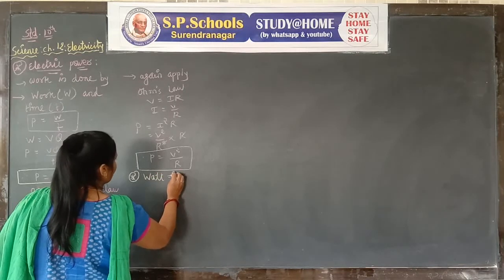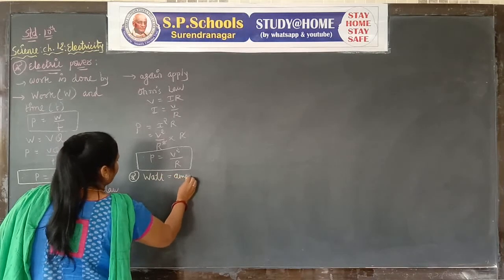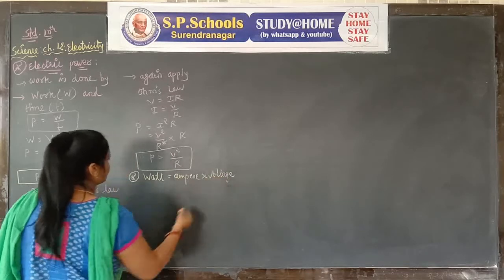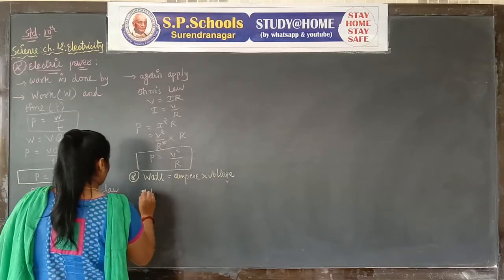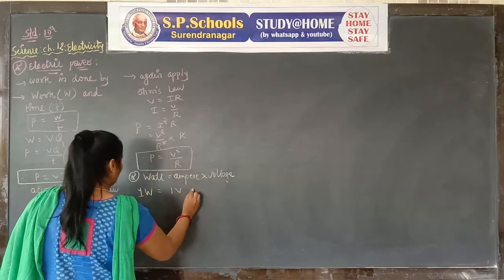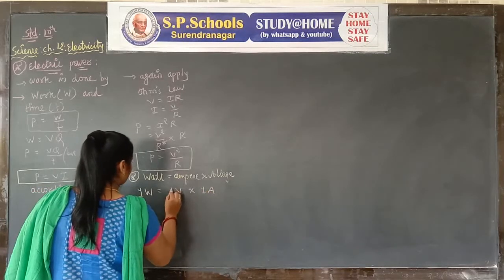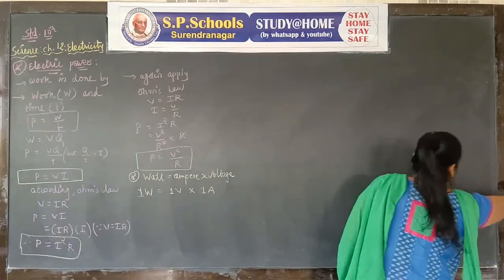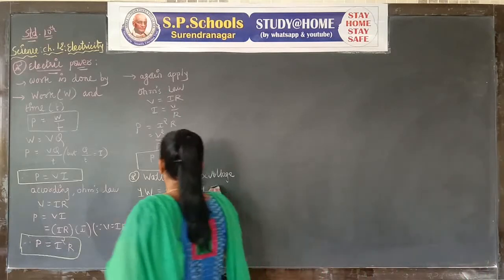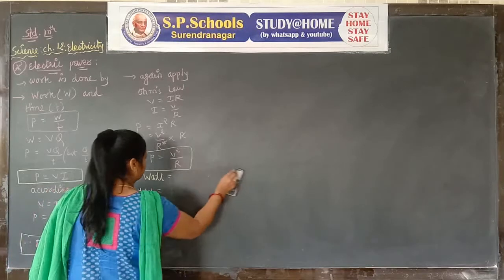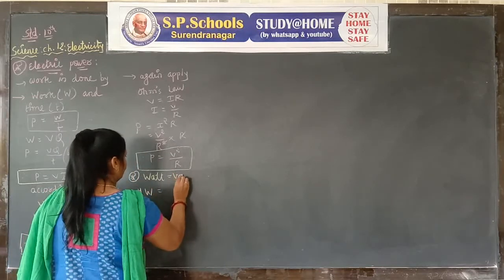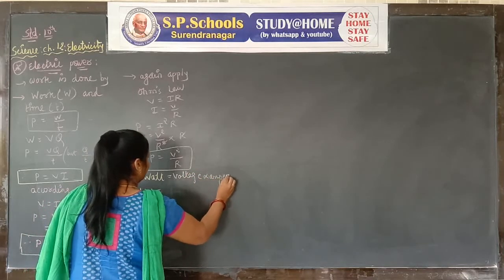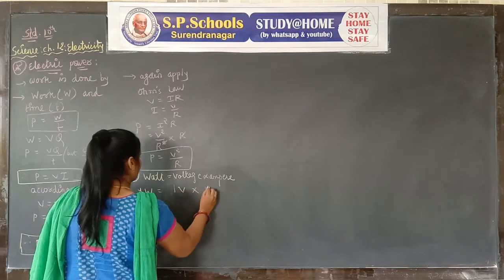It depends on ampere and voltage, or you can write voltage into ampere. So 1 watt is equal to 1 volt into 1 ampere. First we write voltage multiplied by ampere, 1 volt into 1 ampere.